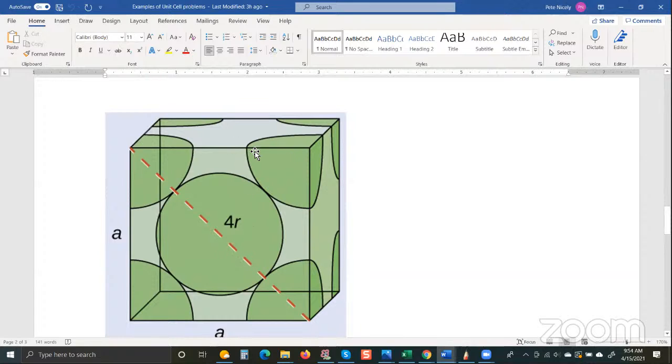And because there are 4 faces, that means that as far as the face-centered atoms are concerned, actually 8 faces, I'm sorry, 6 faces in the cube.